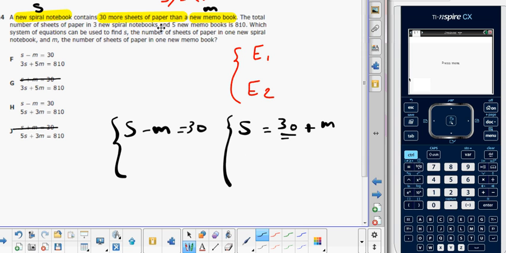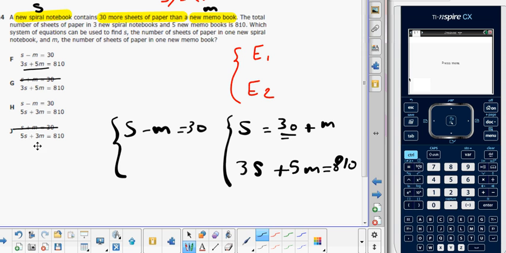Now, the second equation: the total number of sheets of paper in 3 new spiral notebooks and 5 new memo books is equal to 810. So where do you see this equation?